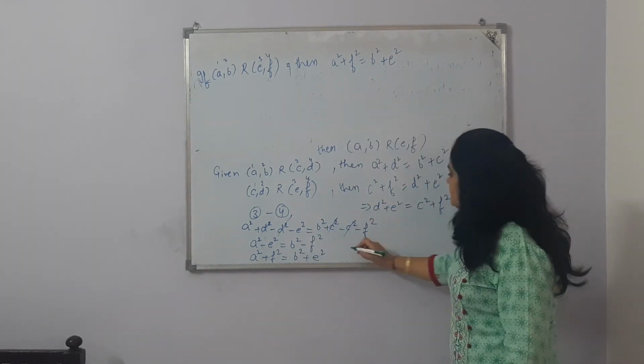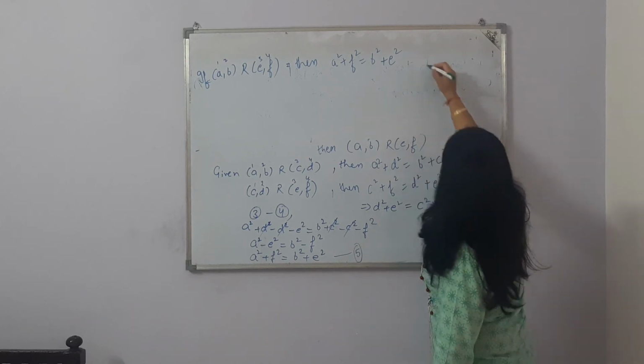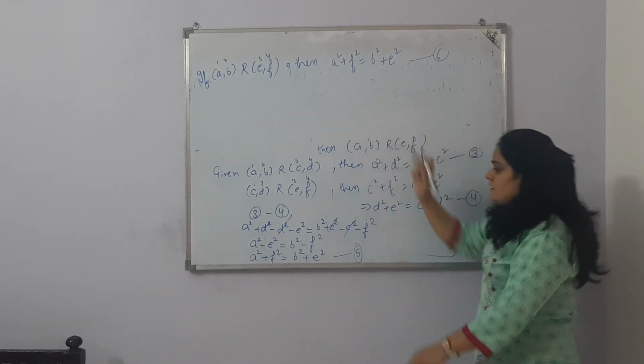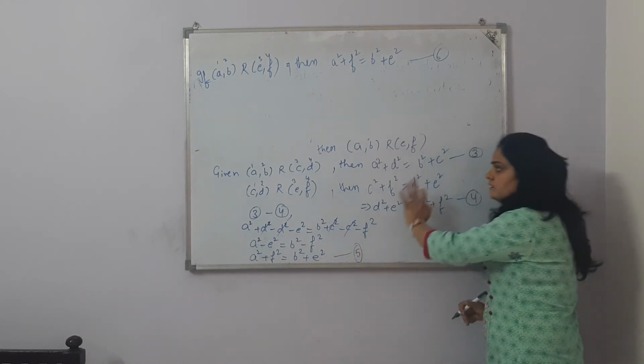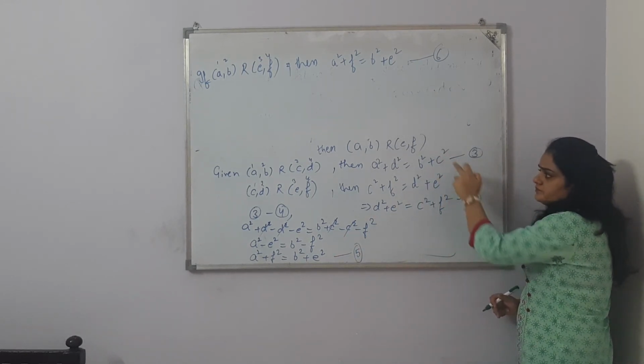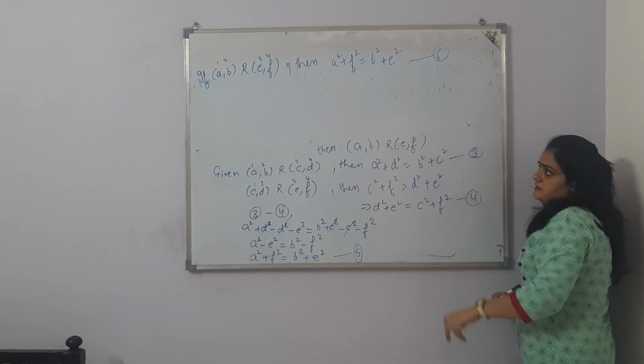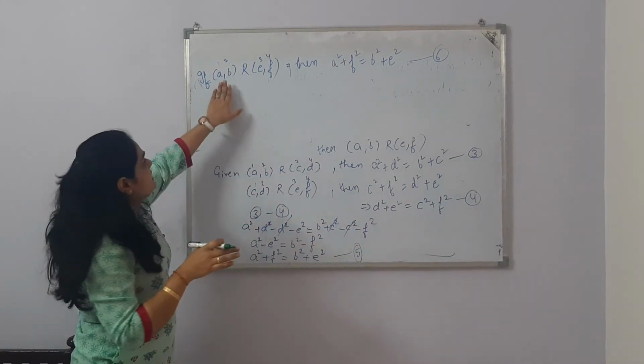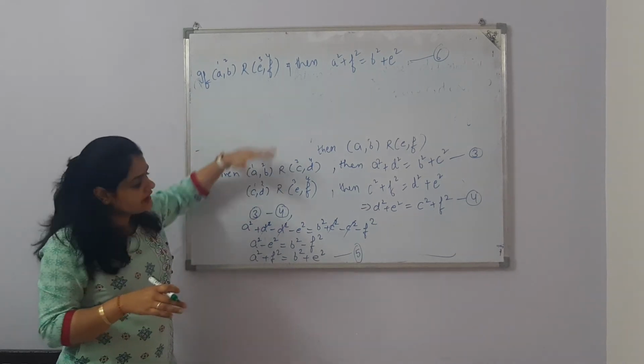You can see that if this is your number 5 and this is your number 6, both the relations are correct. This relation I get from these two relations, and this relation I get if I say that AB is related to EF. Both the cases are the same.